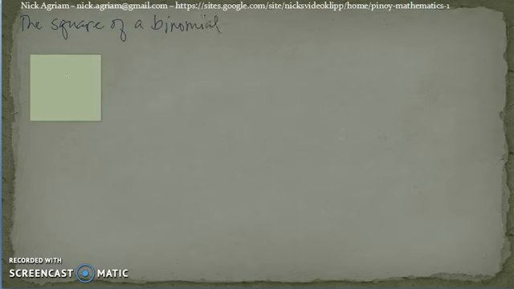Okay. As you can see, I have a figure here. The side is A. So the area is A multiplied by A, or A squared. So the area of this.